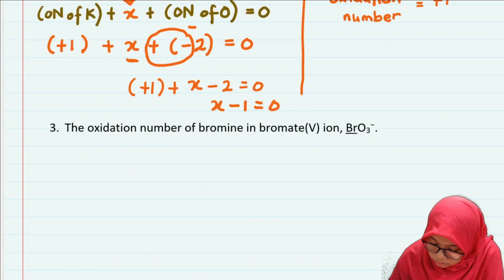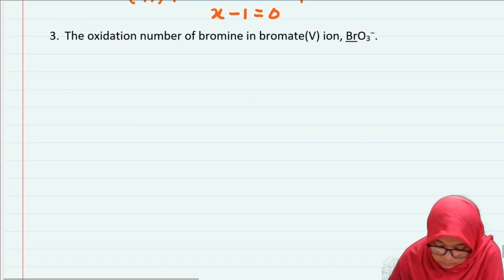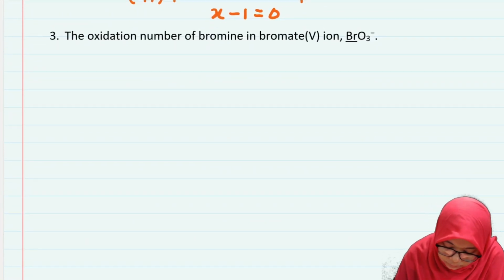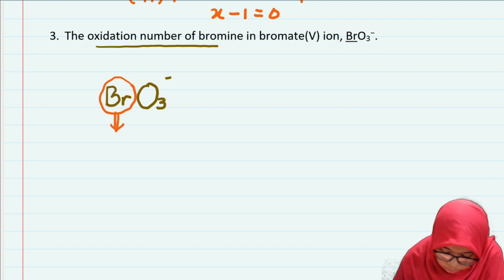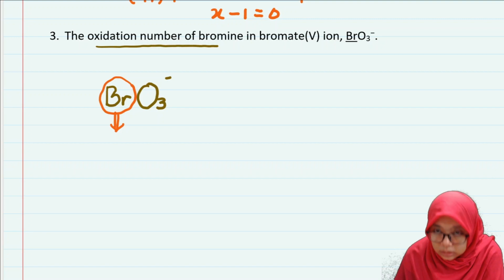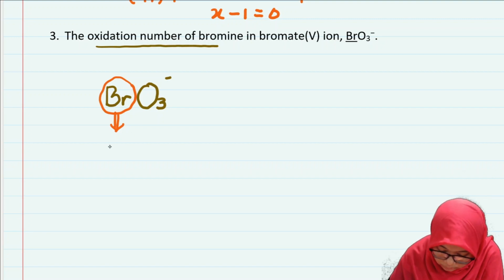Now look at the last example: the oxidation number of bromine in the bromate ion. The formula is BrO3 negative. We are searching for the bromine in the bromate ion.